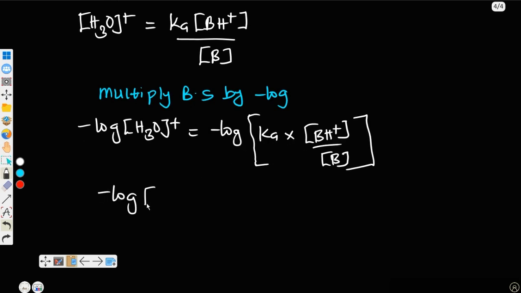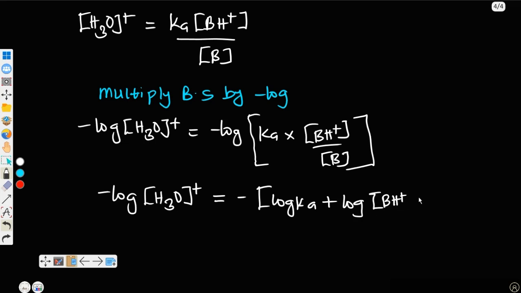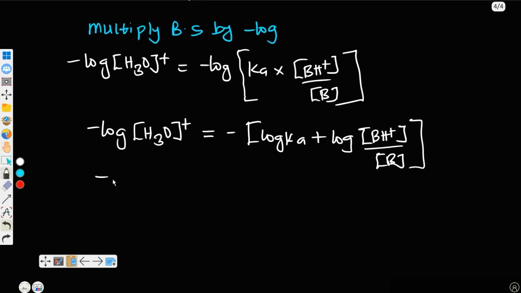We will have minus log H3O+ equals minus, first of all, log Ka plus log BH+ divided by B. Now, use this minus to open through, which is minus log H3O+ equals minus log Ka.